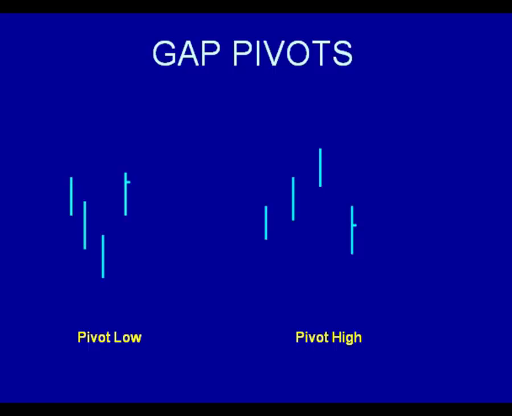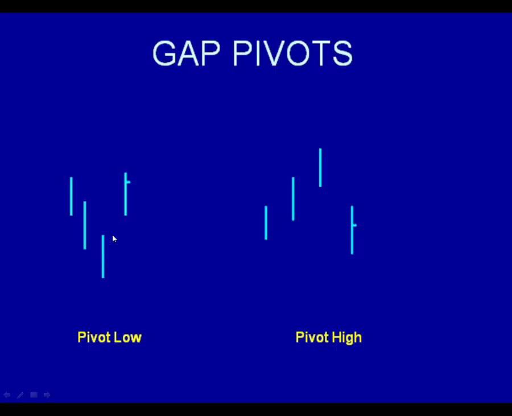A special type of pivot is simply called a gap pivot. We see them all the time, every day. They're nothing special, and we're not going to treat them as anything more than a regular pivot. For the most part we won't even be discussing them. A gap pivot is no different.